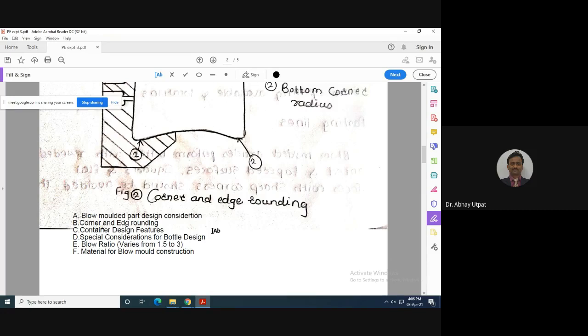All such cases are checked. So these are special considerations for the bottle, and you are an engineer going to launch the product, so you should consider all these aspects while designing the mold for the blow molding process.